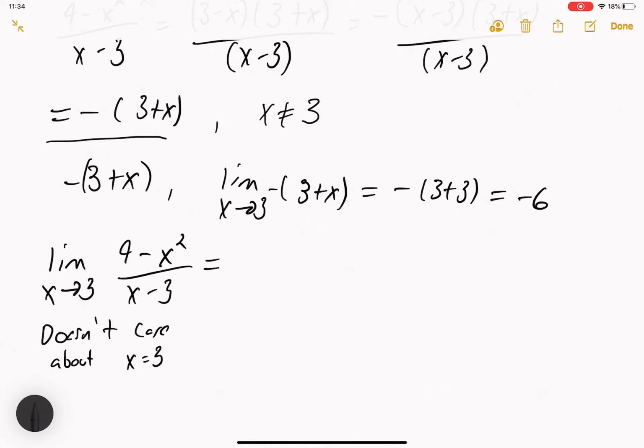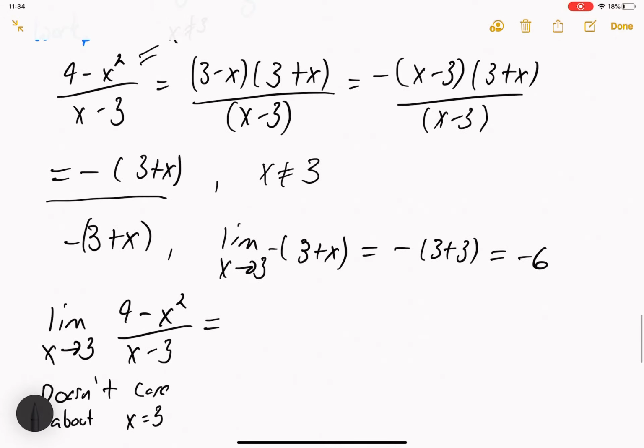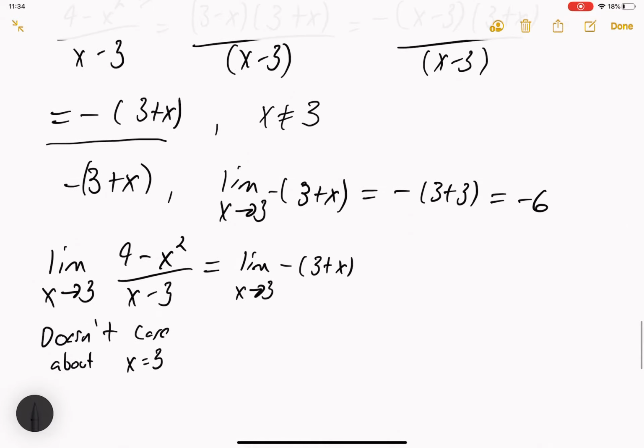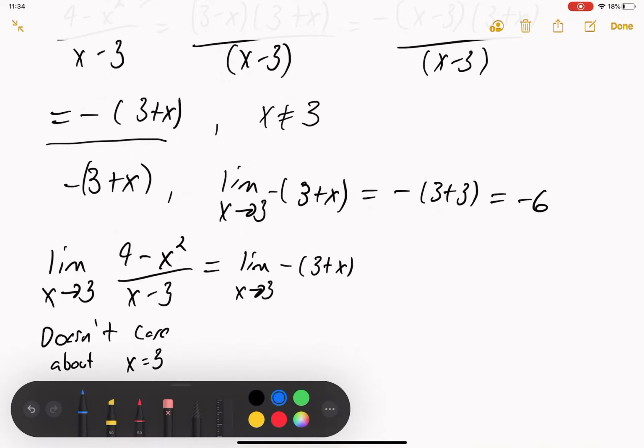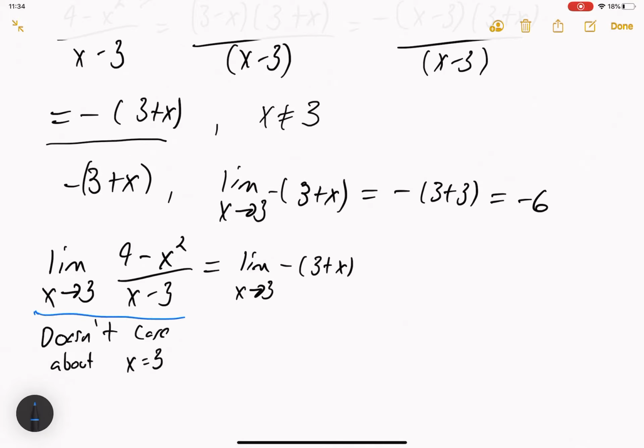But we know that this function is equal to negative 3 minus, let me just write it out first. So this function does not define at 3, but it's a quotient.